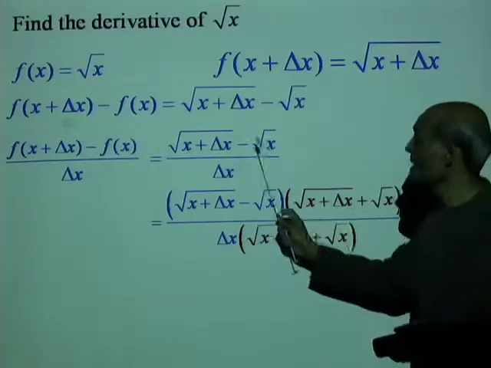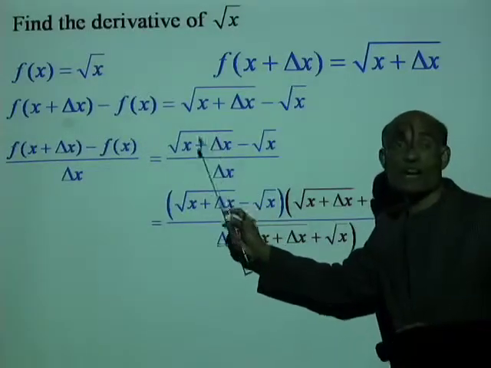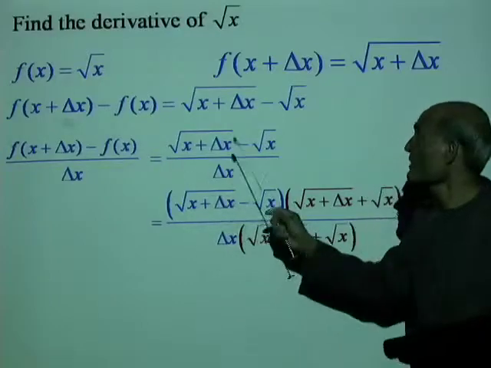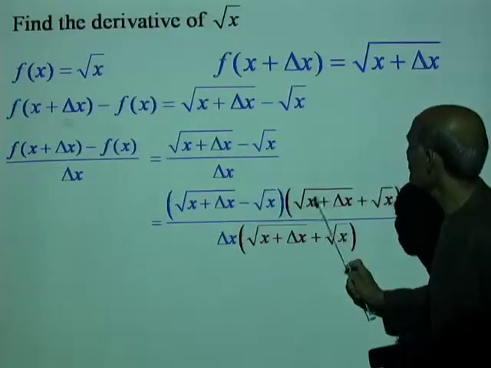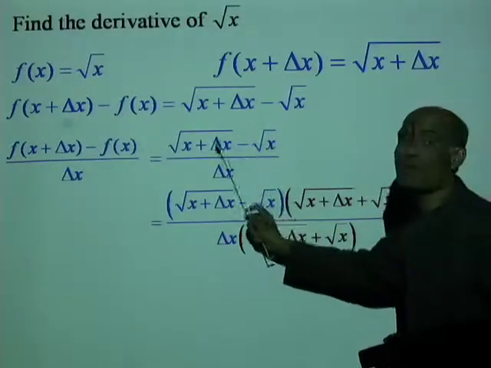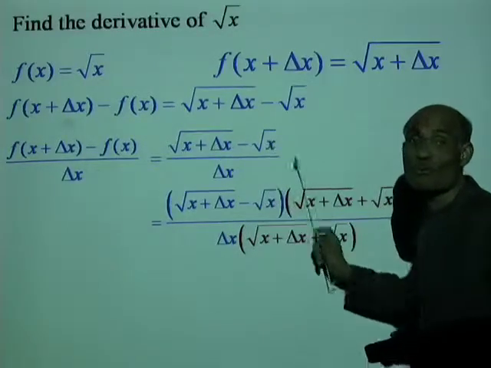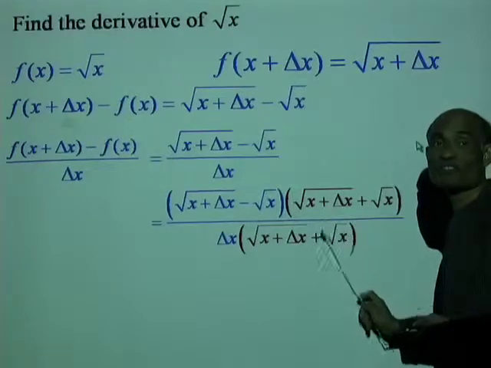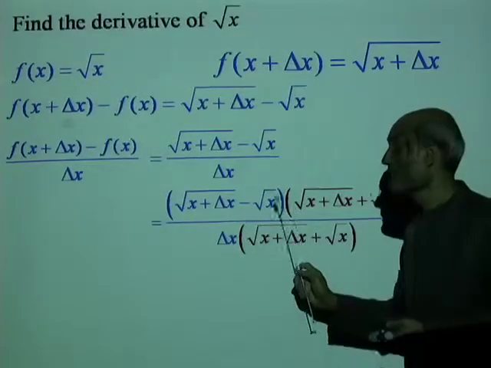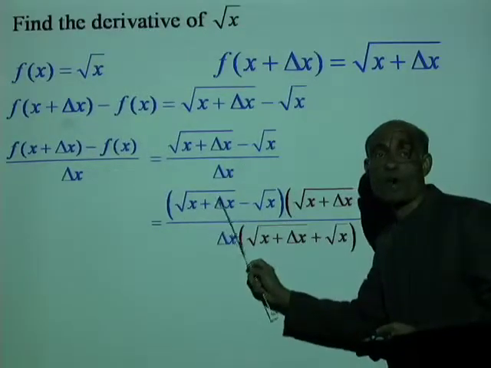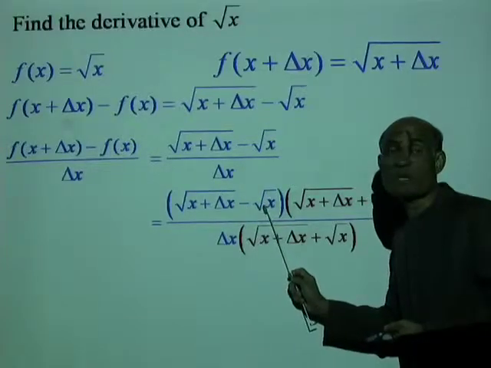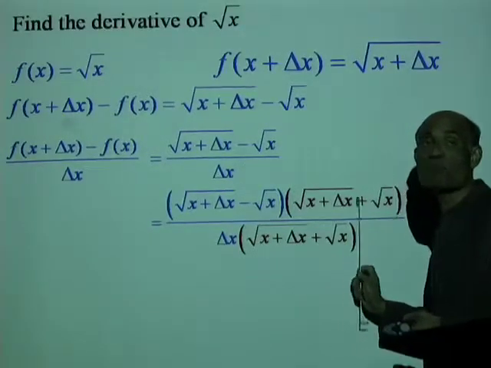In order to simplify, see what I have done, just like what we did in the previous class. I multiply the numerator and denominator by the quantity square root x plus delta x plus square root of x. Both numerator and denominator. Why did we do that? Again, this is of the form a minus b times a plus b.